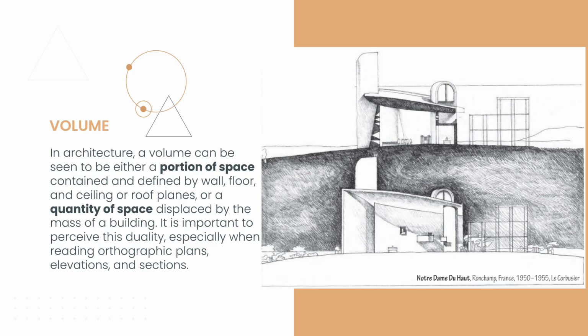So, volume in architecture can be seen to be either a portion of space contained and defined by wall, floor, or ceiling or roof planes, or a quantity of space displaced by the mass of a building. Take, for example, Notre Dame du Haut, designed by Le Corbusier in Ronchamp, France.